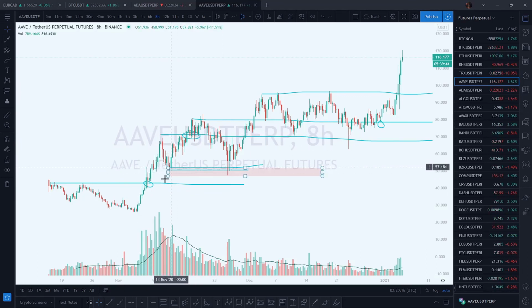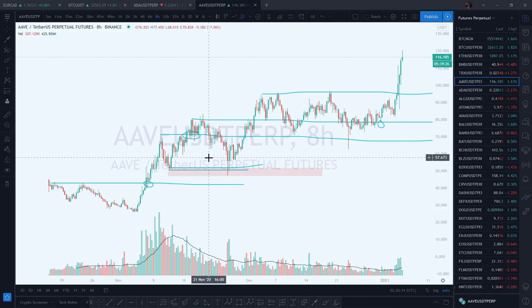Then it came back, found the table which supported it, bounced back up, came down, but it didn't quite get to this place. There could have been a level of support here because of this price here and this price here. It supported here, but then broke it. I don't even think it used it as support. Okay, it did. So it's as simple as that.